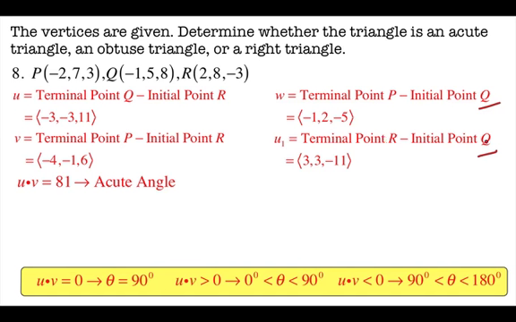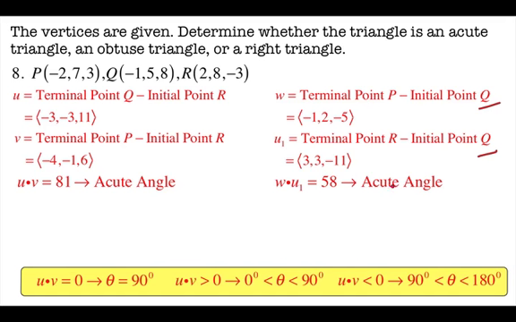But notice that this is the opposite of U. That's why I have U sub 1. This is the opposite. All you need to do is multiply this by -1, and that's why I have this. So then I'm going to take the dot product of W and U sub 1. I also get a positive number, which means that the angle between these two vectors is also acute.